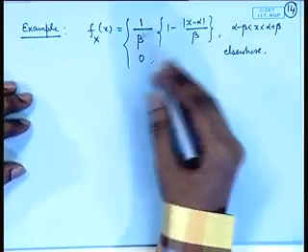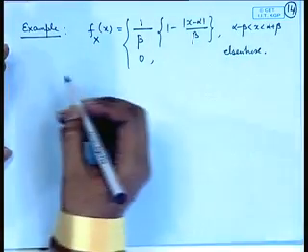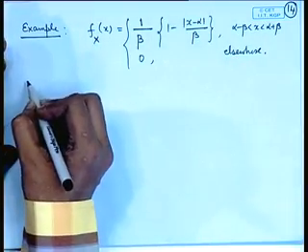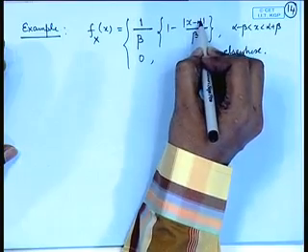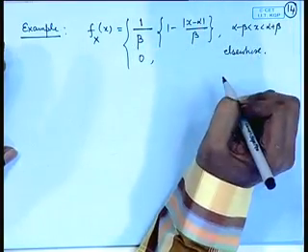We will analyze various properties of this distribution. So, what are the values of alpha and beta for which this is a valid probability distribution?